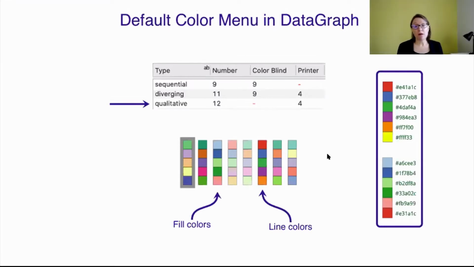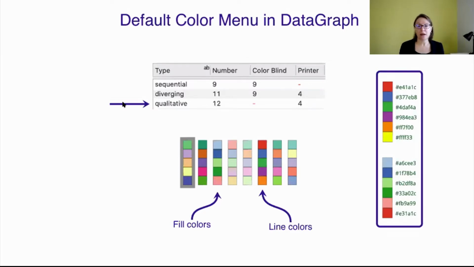In terms of those particular categories, there's a limit to the number that you can get. So in Color Brewer, you input how many colors you're looking for, and for each of these different types of color schemes, they have a certain number available. So the sequential has 9, diverging has 11, and the qualitative has 12.